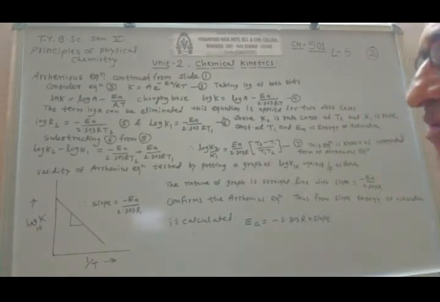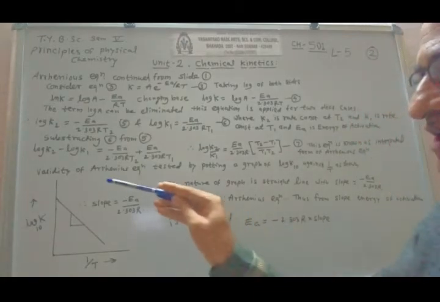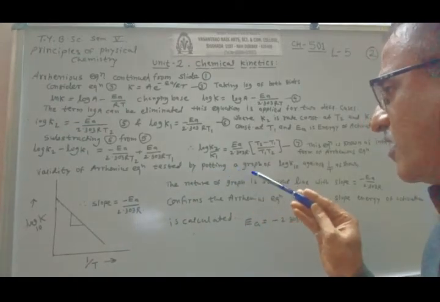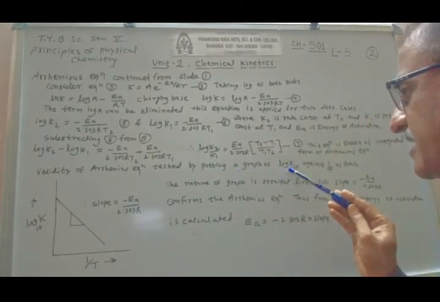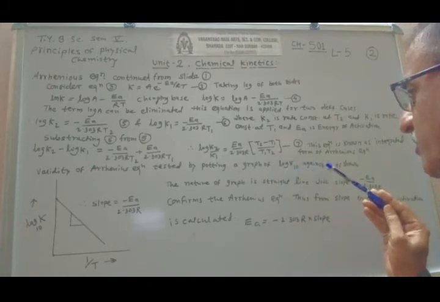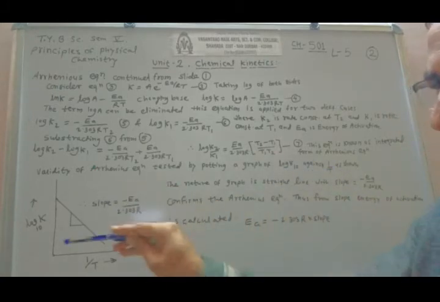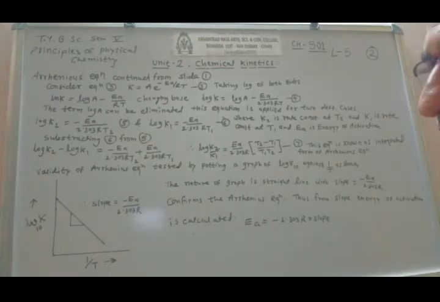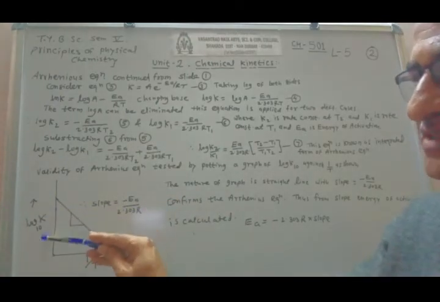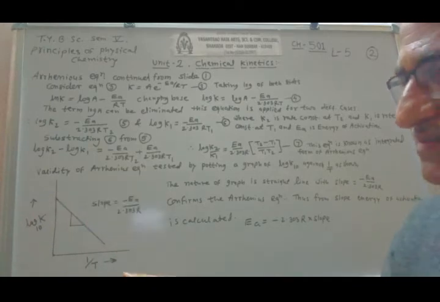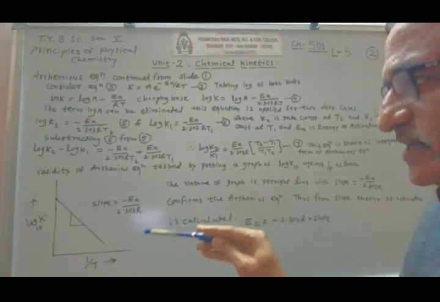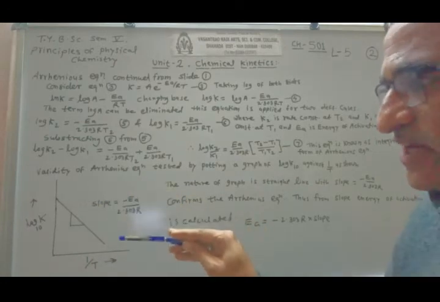Now, is it valid or not? The validity of the Arrhenius equation is tested by plotting the graph of log k to the base 10 against 1 upon T, as shown in the figure. Log k to the base 10 is on the y-axis and 1 upon T is on the x-axis. We will get a straight line having negative slope.